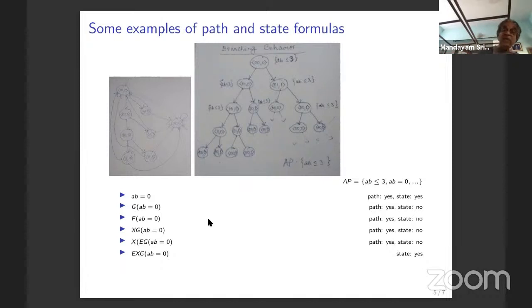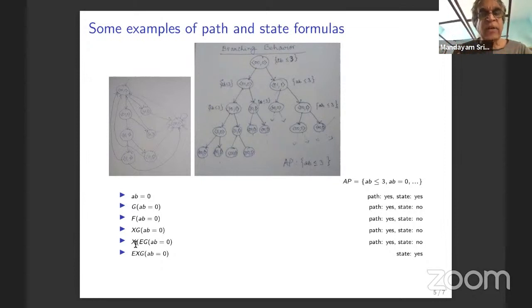Now, why restrict yourself to certain kinds of rules stated in terms of operators and so on? They are motivated by two constraints when you design a language or a specification language. One is that it should be able to specify an interesting class of properties.